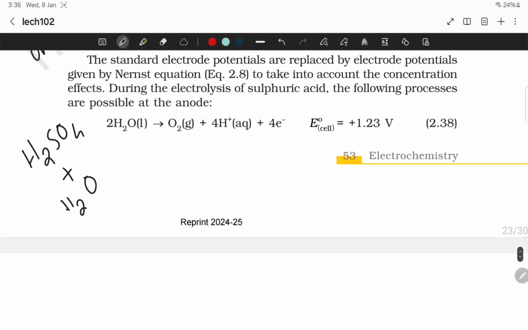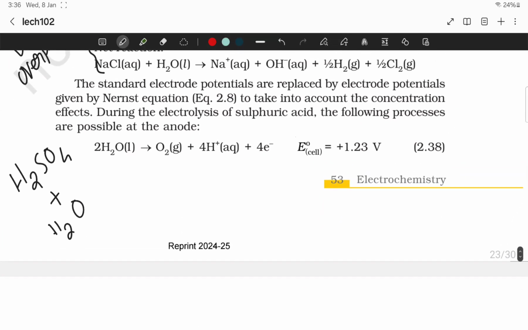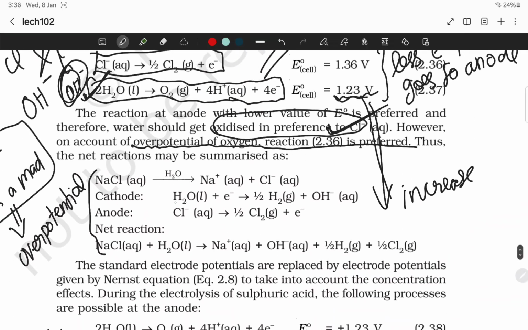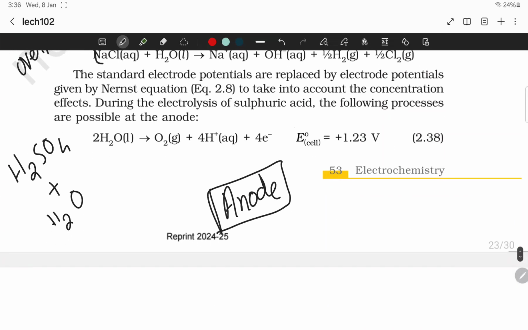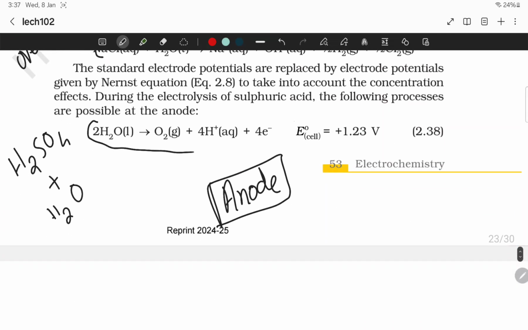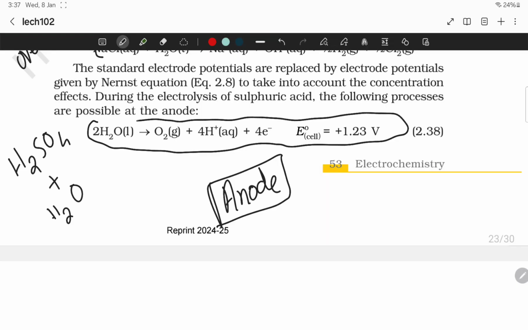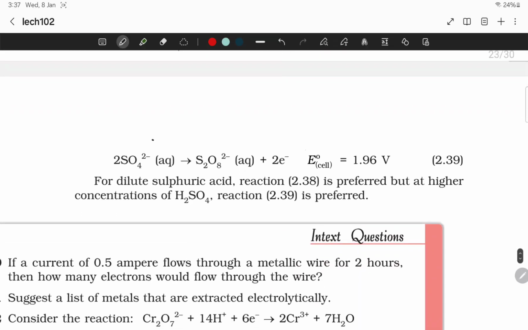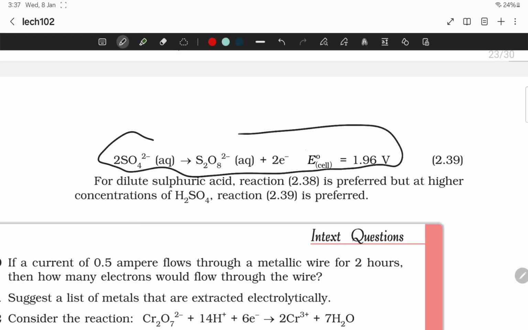The cathode reaction is simple, but the anode reaction is complicated because once again OH- is coming with overpotential. At the cathode we get H+, and for sure we are going to get H2. But at the anode, will this reaction happen with electrode potential 1.23, or this reaction with electrode potential 1.96?